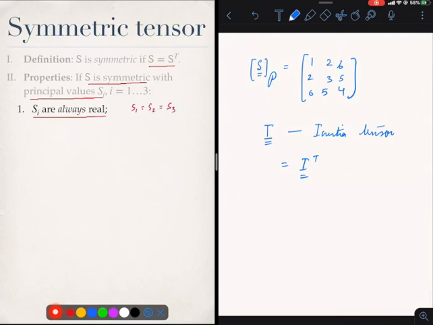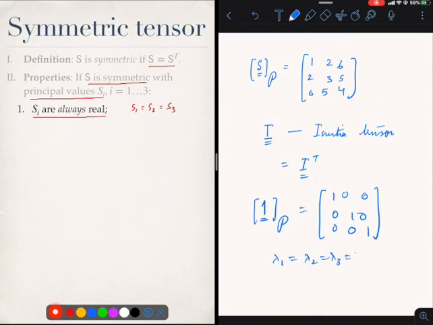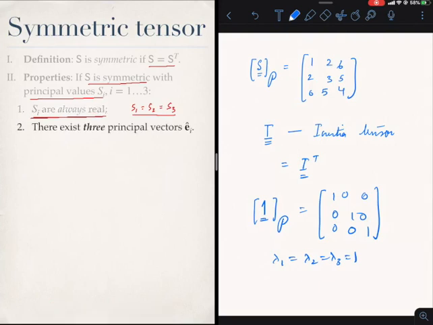So for example, the unit tensor will always have the look 1 1 1 0 0 0 0 0. It is obviously symmetric. However, the eigenvalues are lambda 1 equal to lambda 2 equal to lambda 3 equal to 1. So while I am saying that they are real, they can all be the same. Some of them can be different, all of them could be different.